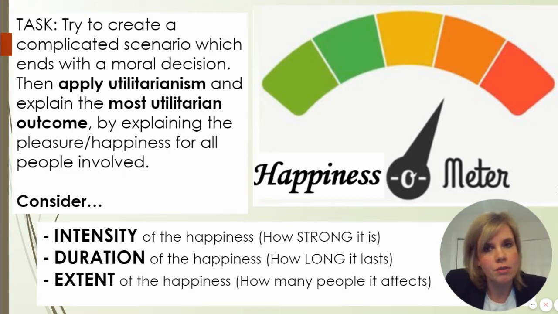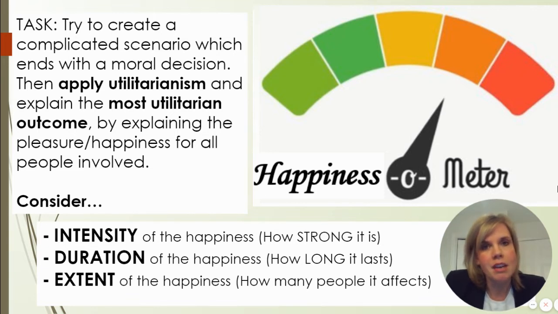Then in the boxes underneath, I want you to think about, for each person involved in that scenario, what would be the predicted happiness outcome for each of them. So you need to try and think through person by person their happiness. Some people in the scenario might be not happy at all, but it might only be short term. Some people might be pretty all right with it, but forever. Others might be deliriously happy, but only for 30 seconds. Or they might be really happy for the rest of their lives.